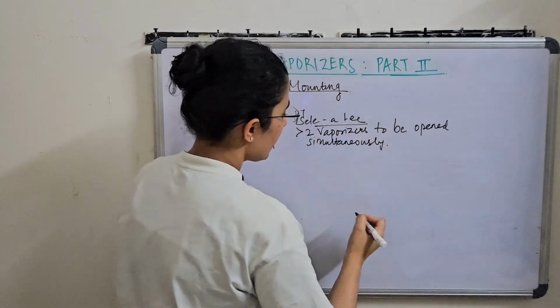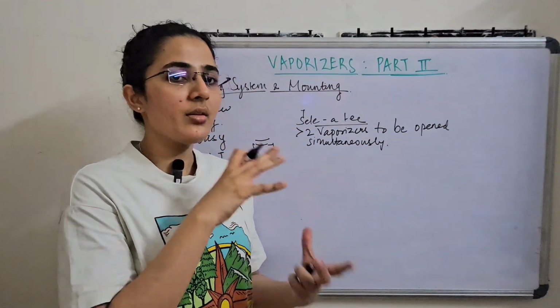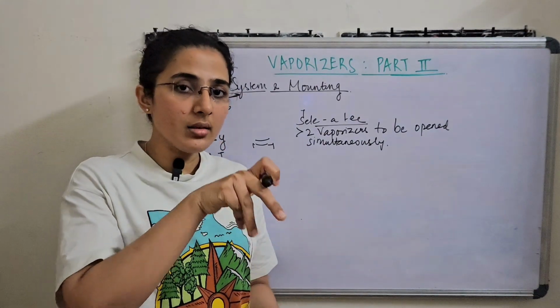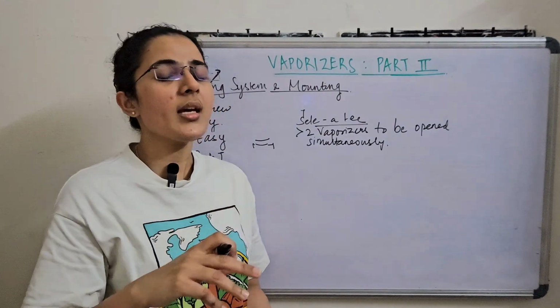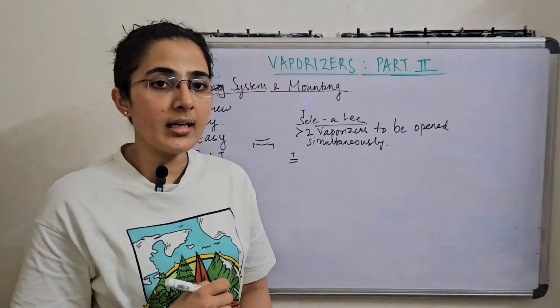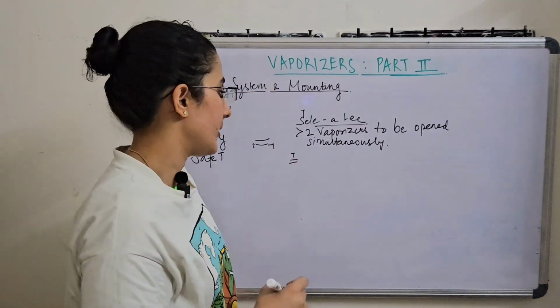Whenever we are mounting a vaporizer, we mount it where the lock is closed, and it is in T or the transport mode in a Draeger type of vaporizer.